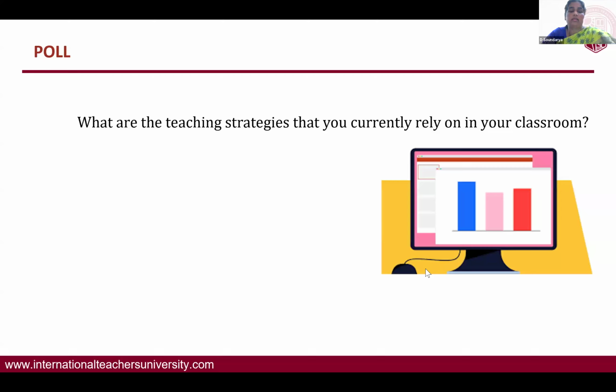I think you can all see the results on your screen. Collaborative learning is something most of my participants are using here. Activity-based is the next one. Project-based is the next one. And the lecture method is what we can see being the least. And of course, some of them are not following the discussion method.